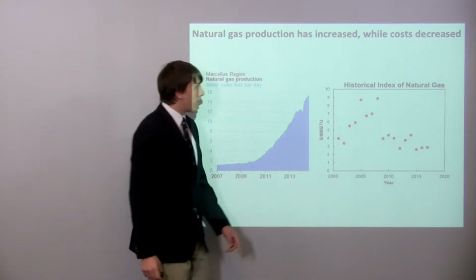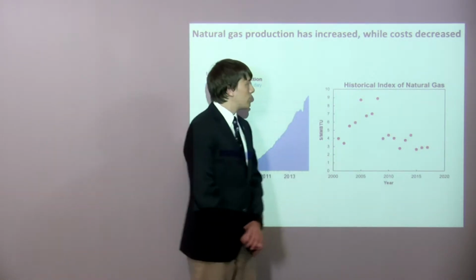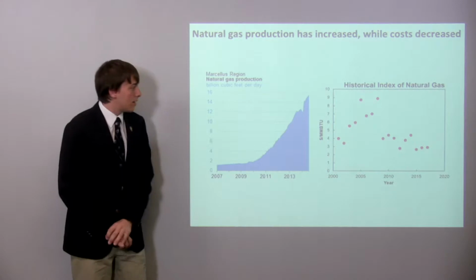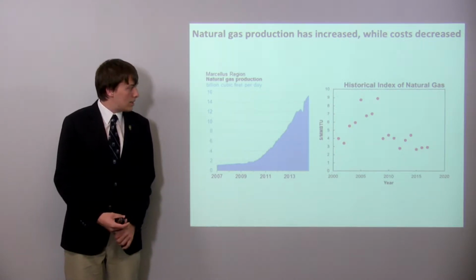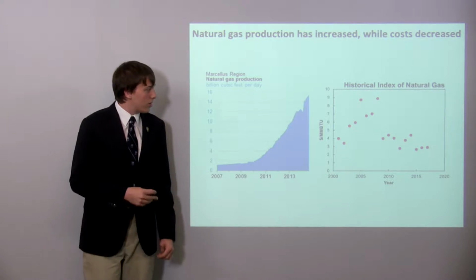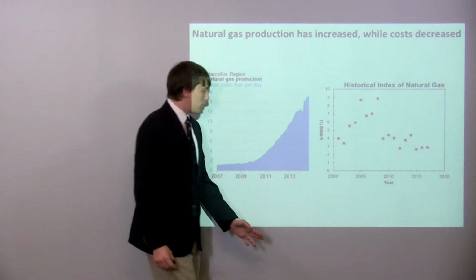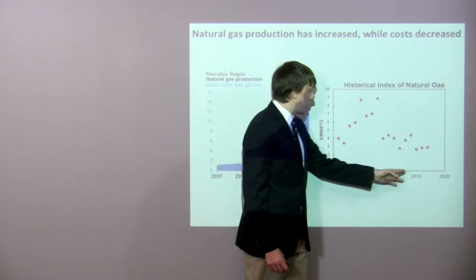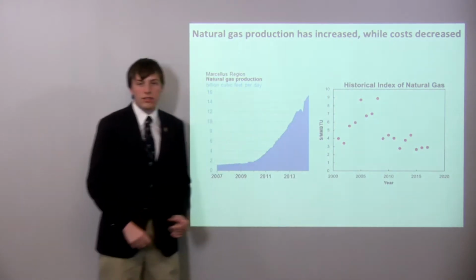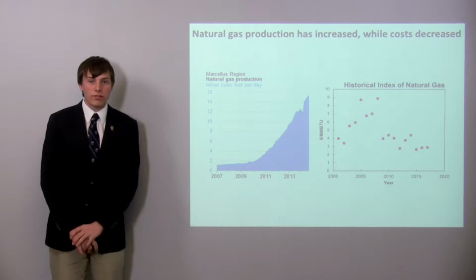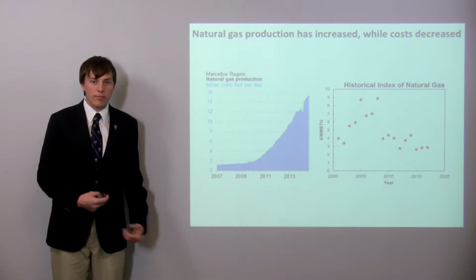As you can see on the graph on the left, with the historical index of natural gas, the price has also been decreasing over the years. So as you go from 2000 all the way up until the current year of 2017, the prices are decreasing, making it a viable stream for us to buy for our methanol plant.